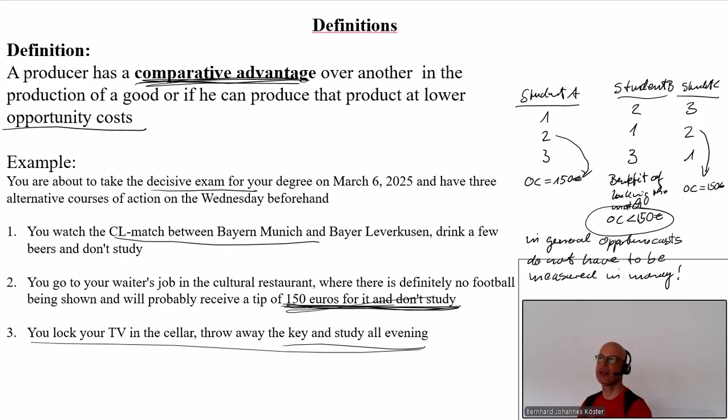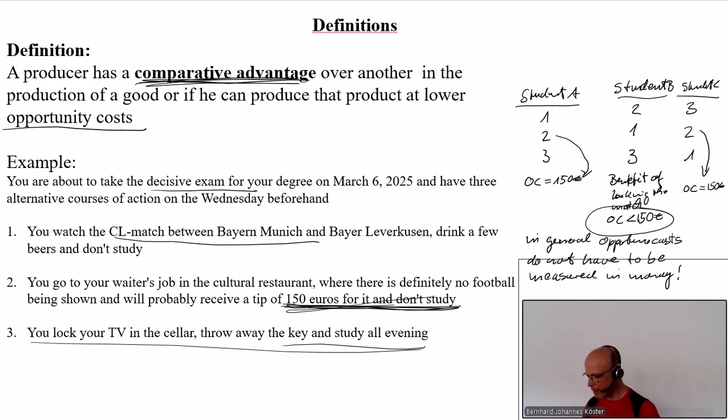that we have different alternatives and we rank them in a row, and then one alternative we choose to do, and the utility which we would have from the second best alternative is then the opportunity cost of doing what we are doing.